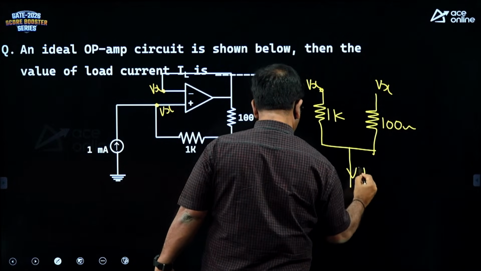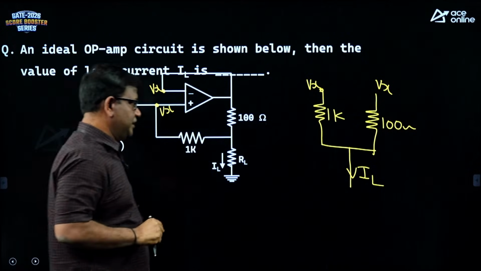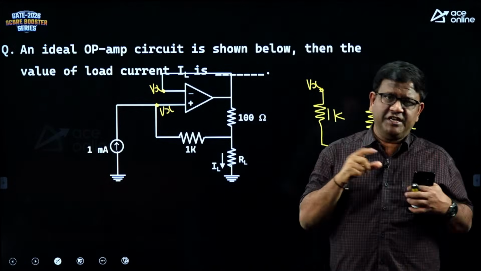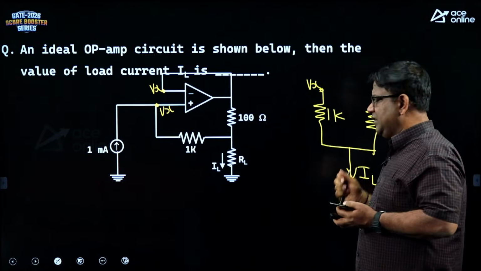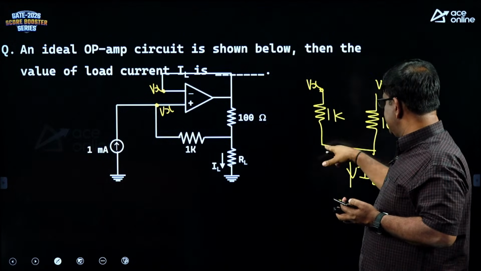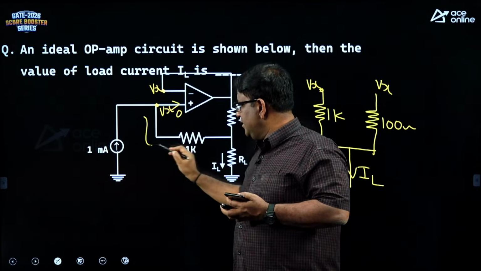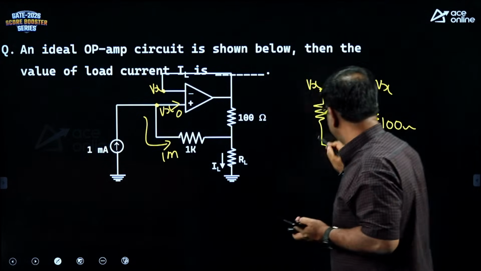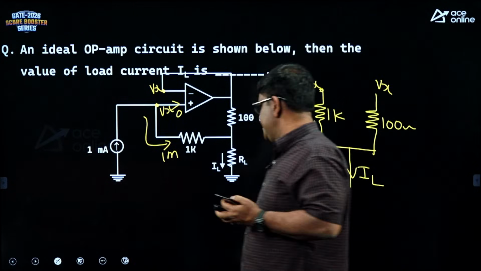Here you have IN. Whenever two resistors experience the same potential difference, like in a parallel connection, you can apply the current division rule. Similarly here these two potentials are same, and since the op amp draws no current, you have 1 milliampere flowing here. So, in this problem also you can apply current division and finish it.